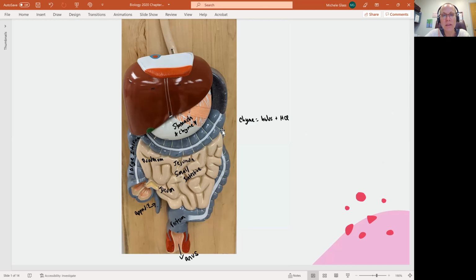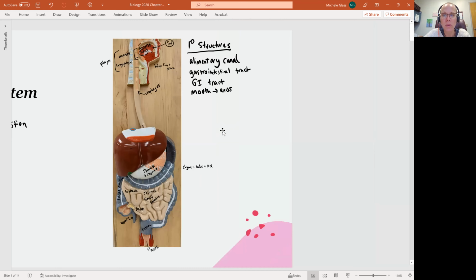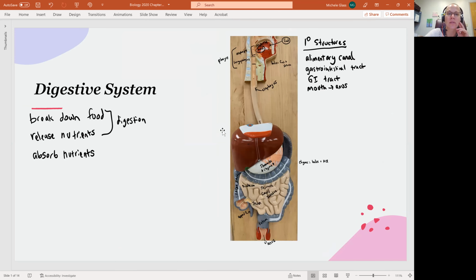And so taking a look at this model, we're seeing the digestive tract from the mouth opening up into the pharynx, first the oropharynx and the laryngopharynx, and then the tube called the esophagus, which feeds into the stomach. The stomach then feeds material into the small intestine, starting at the duodenum, jejunum, and then the ileum, which empties into the large intestine.